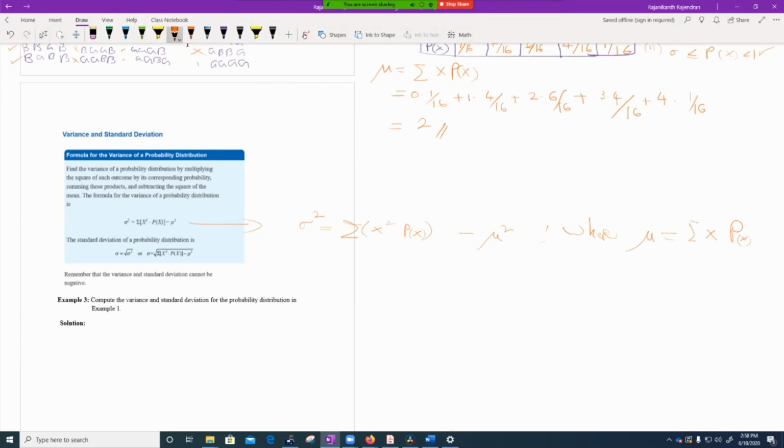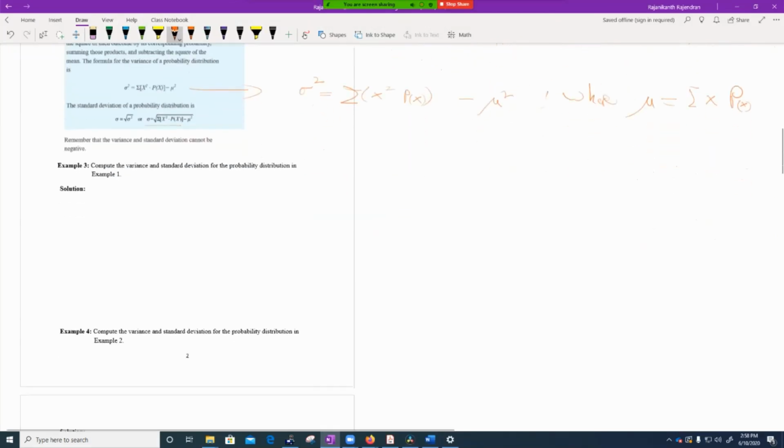Okay, so use this formula. First find this summation, then subtract mu squared. Mu squared is separate from the summation, right? In the summation, you have only these two terms. Once you have the variance, take the square root to get the standard deviation. Okay, so now let's look at this example.